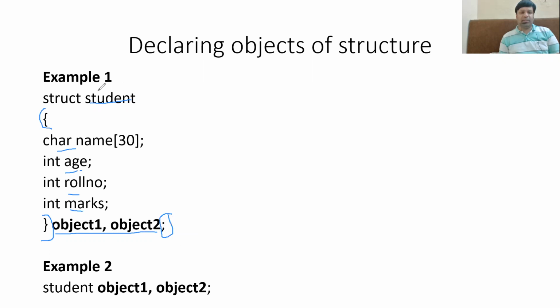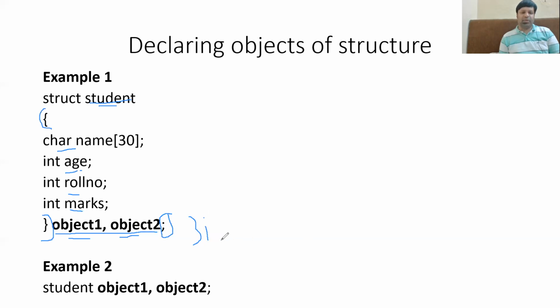So this statement means that we have also prototyped a student structure and created 2 objects of that structure. One is called object 1 and the second one is called object 2. In case you did not want to create the objects at this time, you could have simply written here the curly braces followed by the semicolon.